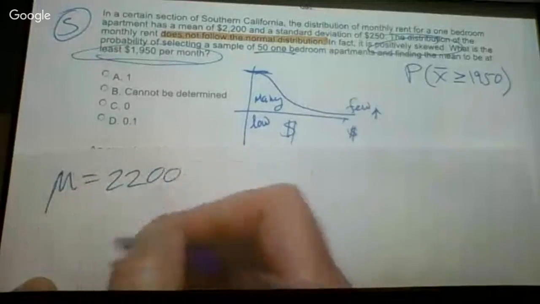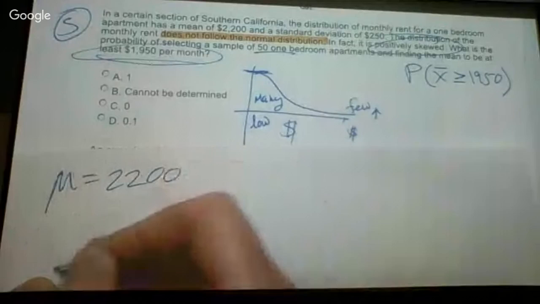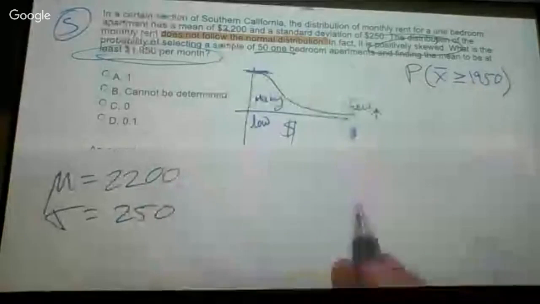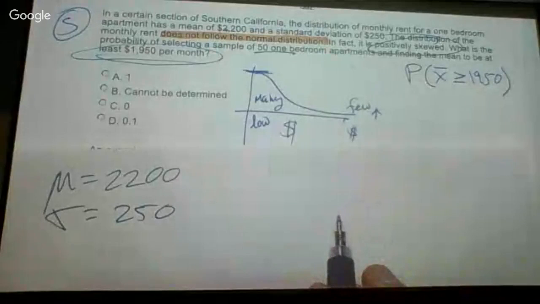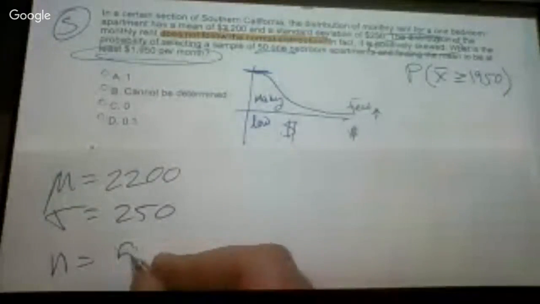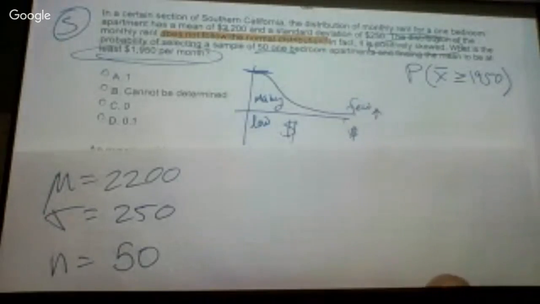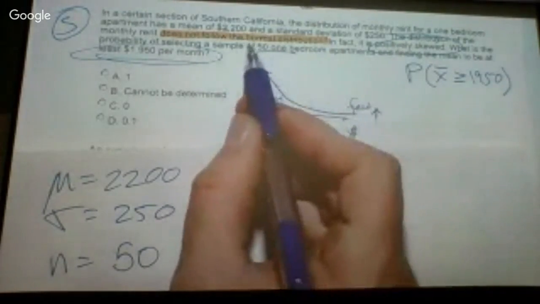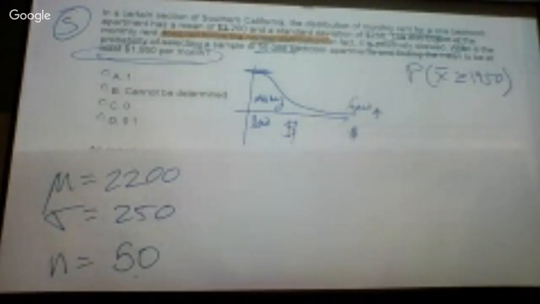Mu is 2200, sigma is 250. There's no sample size associated with those. That's just what we know to be true. But we're going to look for a sample of 50 apartments. It doesn't matter if our population is normal because our sample size is sufficiently large. It's greater than 30.